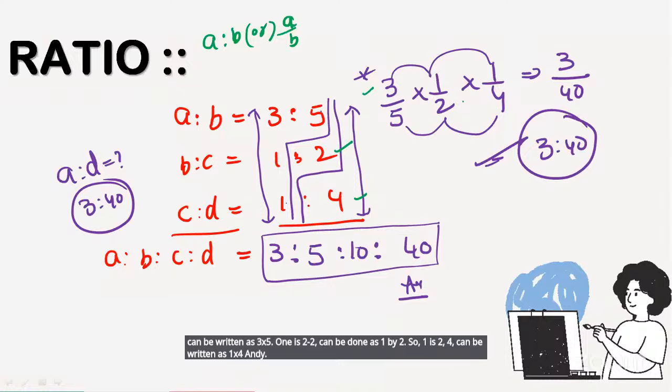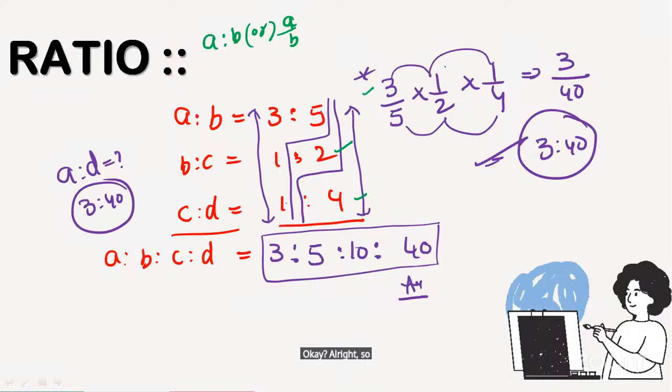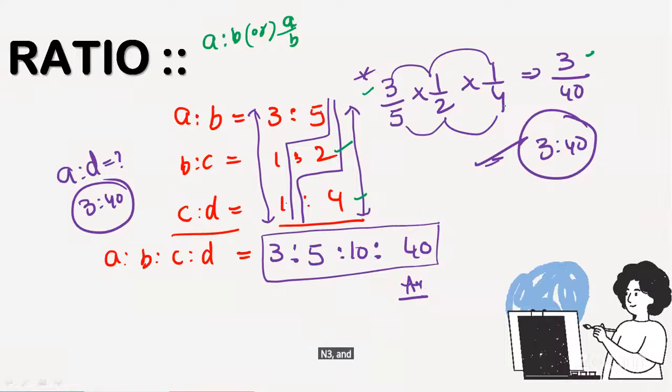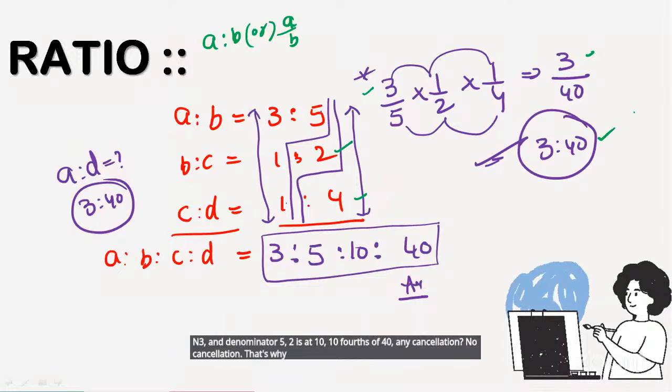Any cancellation? No cancellation, that's why multiply numerator 3 into 1 into 1 is 3, and denominator 5 2s are 10, 10 4s are 40. Any cancellation? No cancellation, that's why the answer is 3 is to 40.